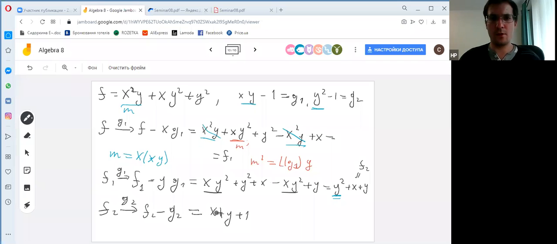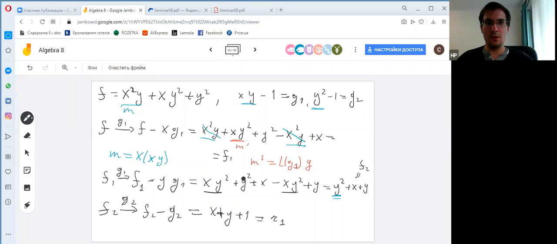And this is a remainder, because it cannot be reduced by any polynomial g1 or g2. So this is the first remainder R1.